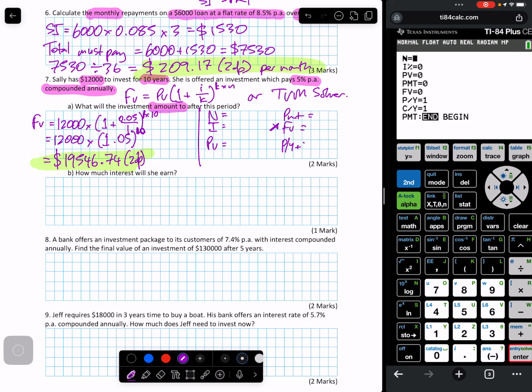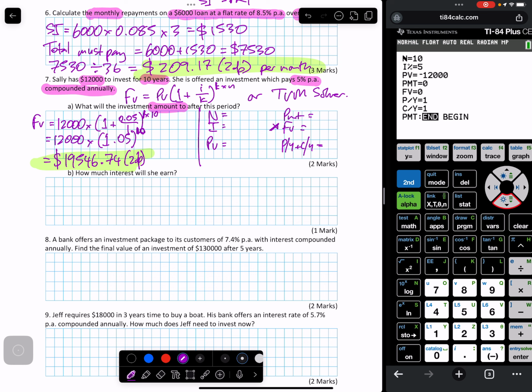PY and CY are going to both be the same. So Sally invested 12 grand, so PV is going to be negative $12,000 because the money went from her into the bank. The interest rate was 5. I don't need to convert it to a decimal. No payments being made. It's compounding annually, so PY and CY are going to be 1, and it's for 10 years, compounding once a year, so once a year times 10 years.